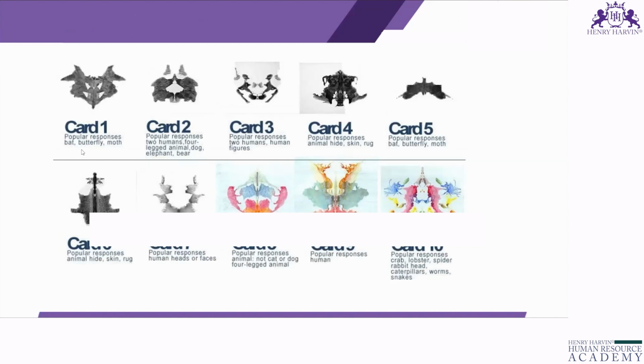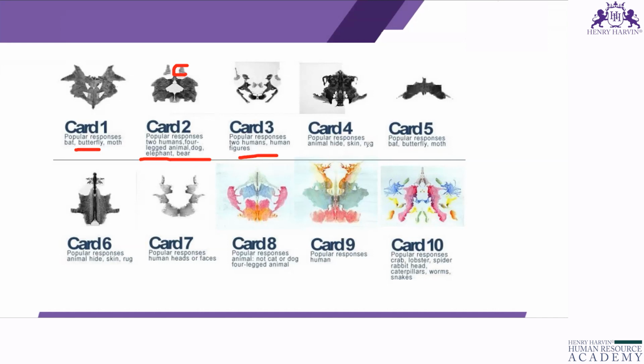So we have also seen the various inkblots, and it also gives us what responses are usual. We have also seen the percentages. This one is popular responses for bat, butterfly, moth; popular responses to human face; four-legged animal, dog, elephant, bear; popular response to human figures; animal hide, skin, rug; and this one is human head or faces.